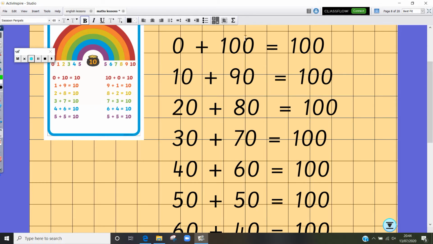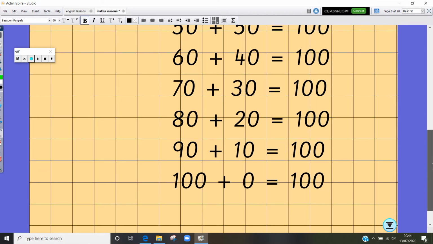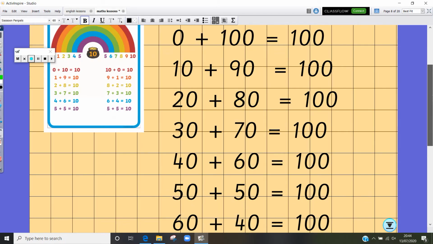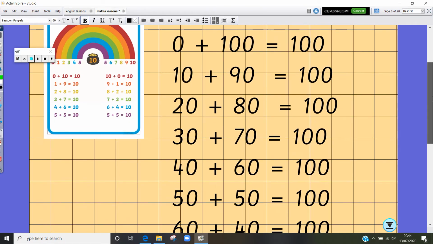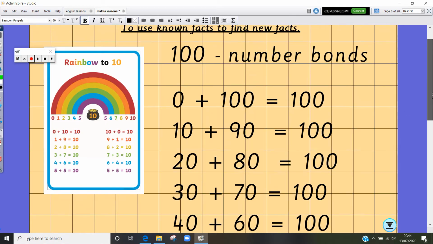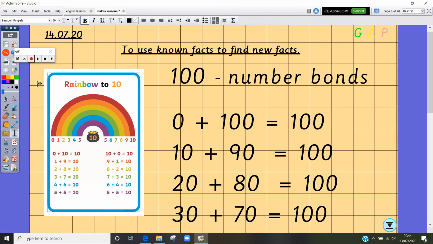We've got 100, 90, 80, 70, 60, 50, 40, 30, 20, 10 and 0. So you can see that the number bonds to 100 are 10 times bigger than the number bonds to 10 because we've got the same patterns going on with our number bonds here. So well done if you've managed to find all of your number bonds to 100.